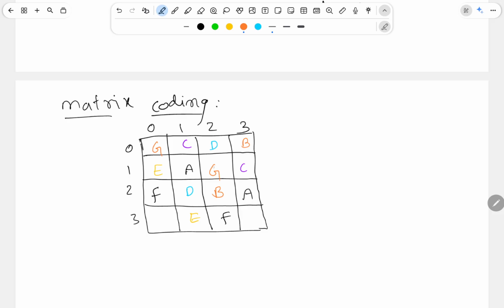I will take G at the last. I and I. Now another grid.